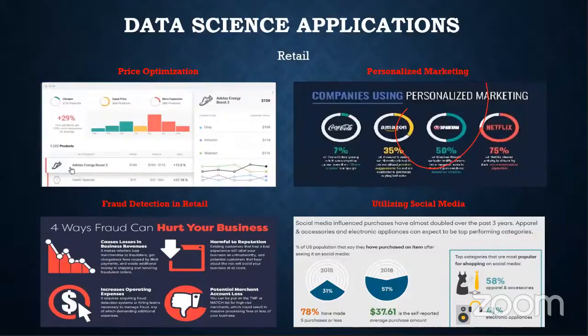These are some classical examples of how data science is leveraged in retail. We don't realize it, but every day we are in some way or other using data. It's just a part and parcel of our life. So this is something about retail.